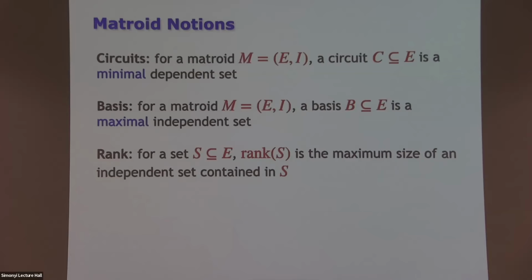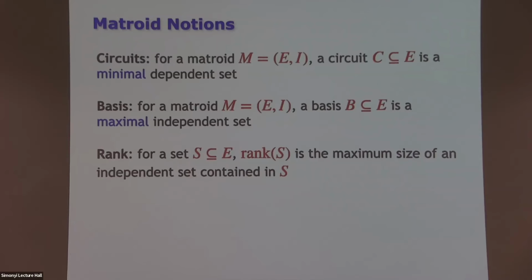A circuit in a matroid M is a subset of elements which is a minimal dependent set. What this means is that the set of elements C is dependent, but if you remove any element from C, it becomes independent. So it's a minimal dependent set. On the opposite end of the spectrum, you have something called a basis.